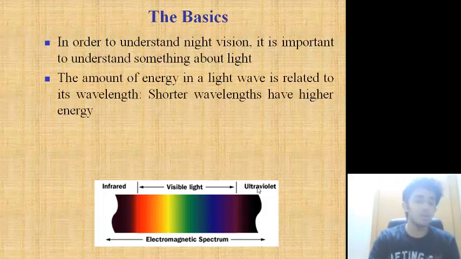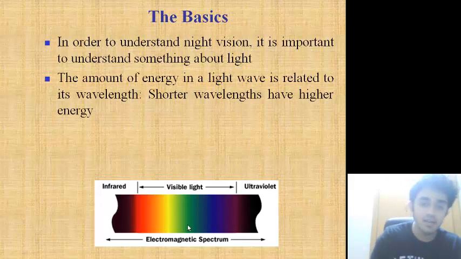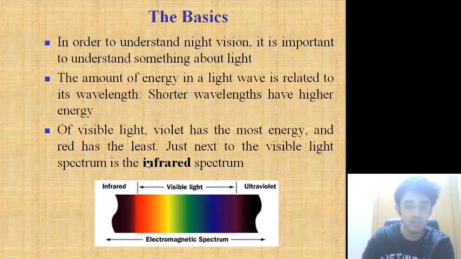So the shorter the wavelength, the higher the energy, and the longer wavelengths have lower energies. Since the UV rays and the visible light right here have larger energy than the infrared rays, these are not suitable for the night vision devices because they are going to harm these devices, and hence infrared has been used. Right here you can see infrared has been used for these devices.